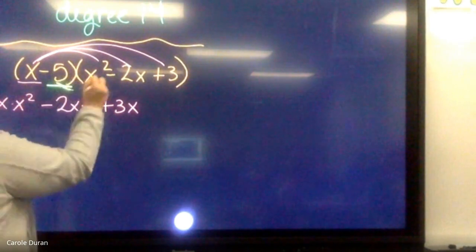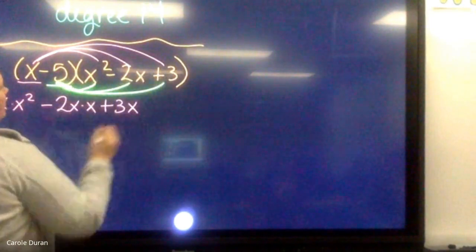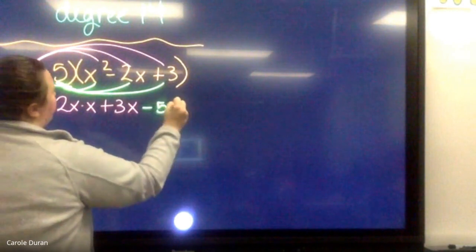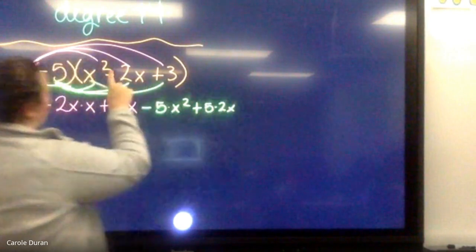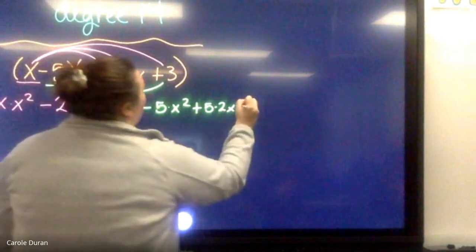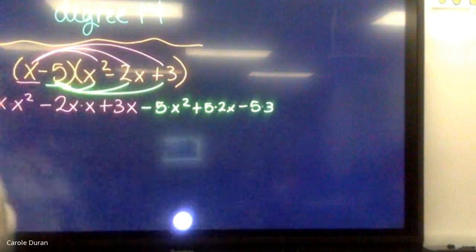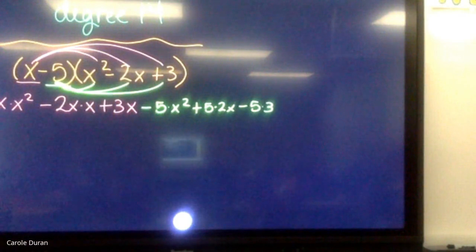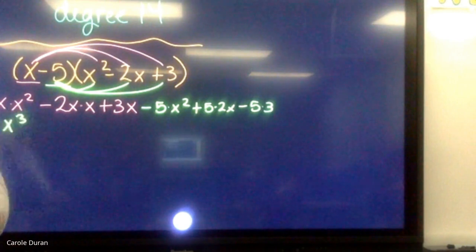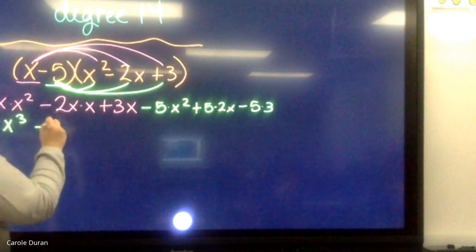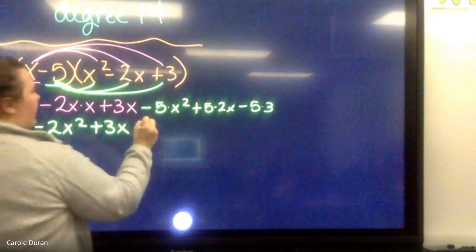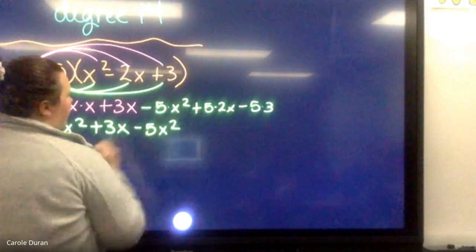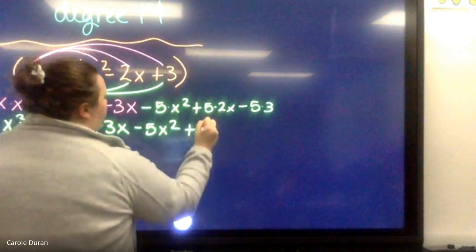I'm going to multiply negative 5 into all 3 of these terms, which leaves me with negative 5 times x squared, plus 5 and 2x, because a double negative becomes positive, and then minus 5 times 3. I simplify it out by actually doing the multiplication. x and x squared becomes x cubed. 2x and x becomes 2x squared. 3x stays the same. Negative 5 and x squared becomes negative 5x squared. 5 and 2x becomes 10x.